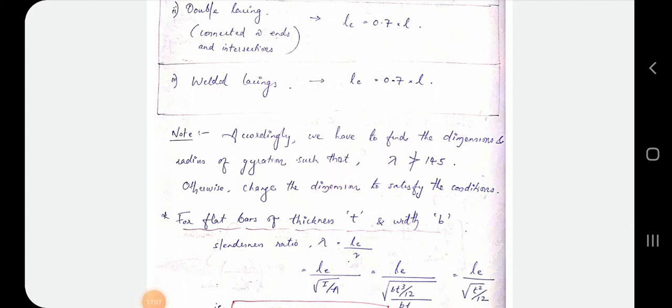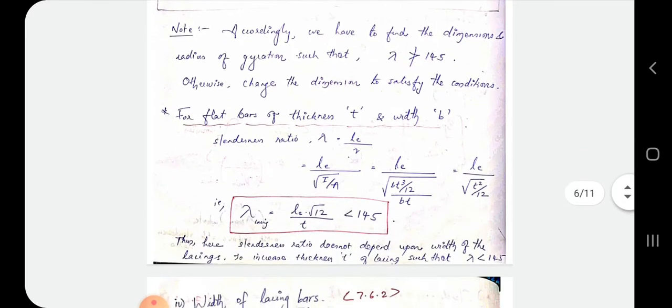So we have to find a section such that the slenderness ratio will not be greater than 145. If it is greater than 145, we have to change the section. Commonly we use flat bars as lacing members.